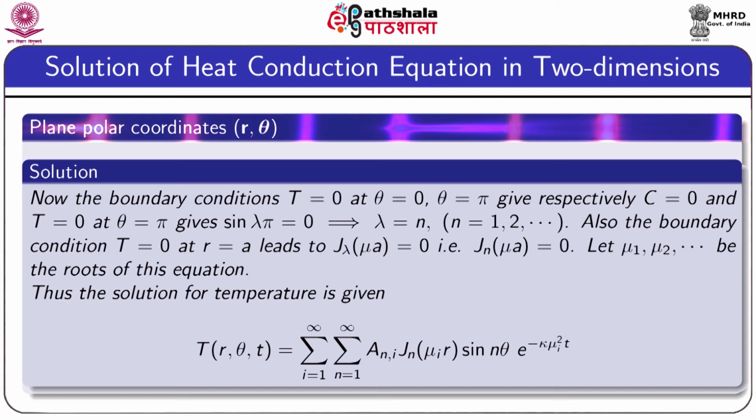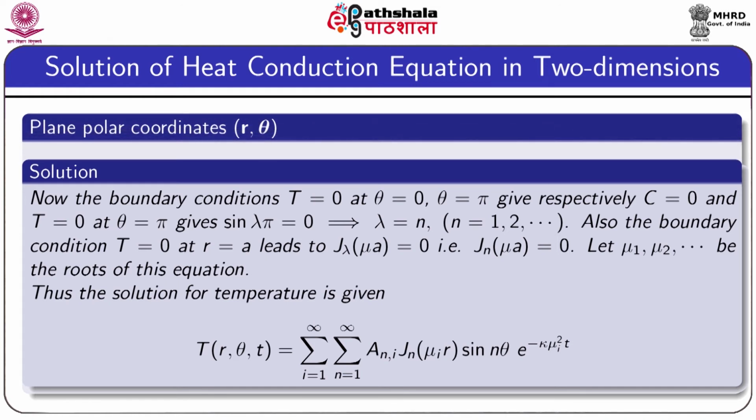So this gives capital C is equal to 0, and T equals 0 at theta equals pi gives sin lambda pi equals 0, which implies that lambda must be an integer. So let lambda equal n, and here we have taken only positive integral values, so n equals 1, 2, and so on.